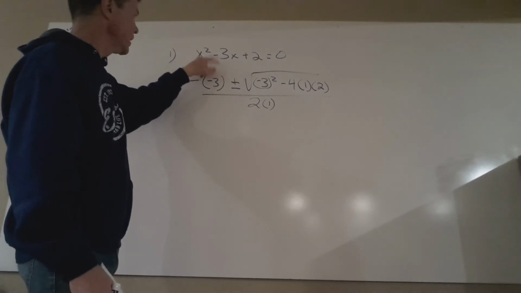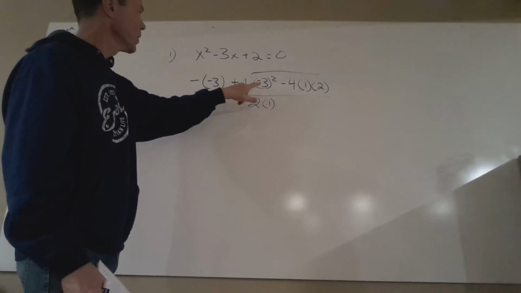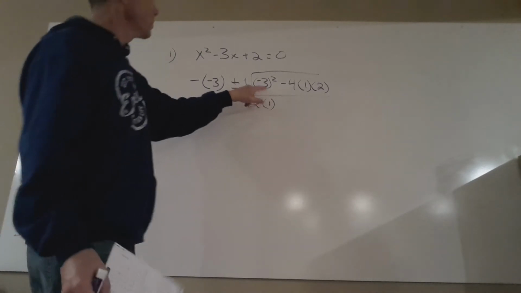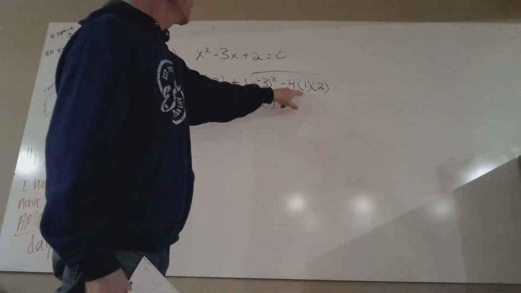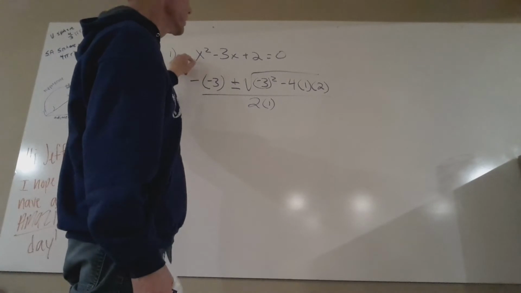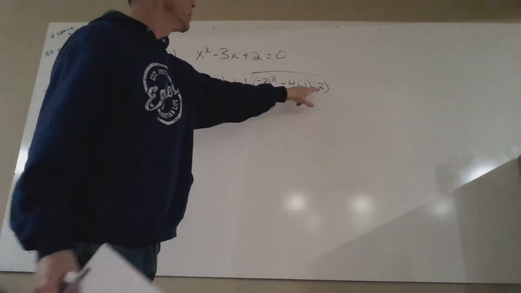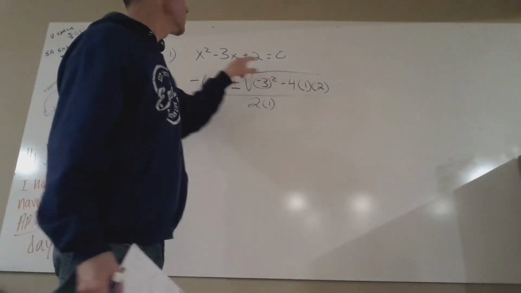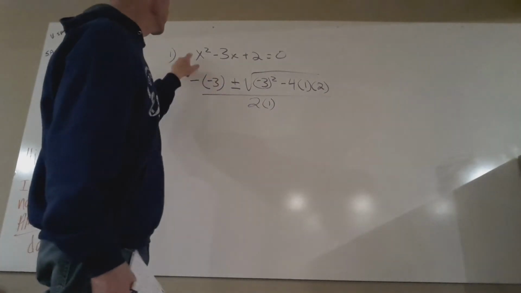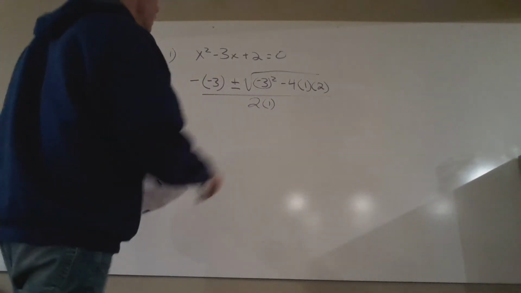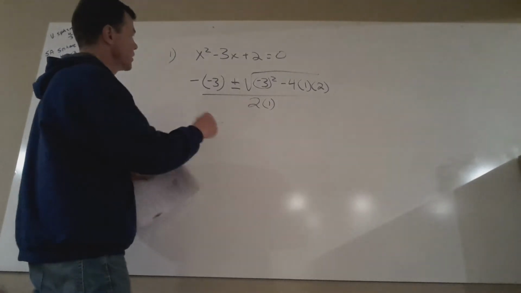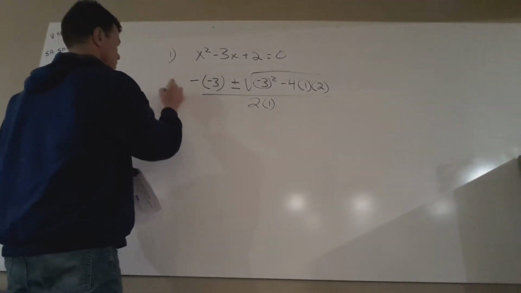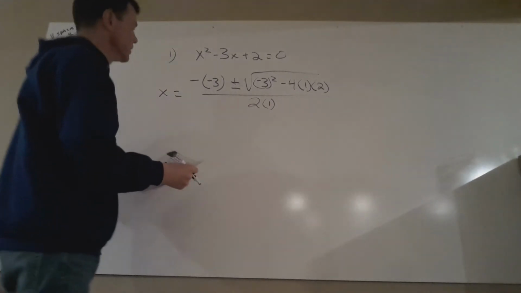So b is negative 3. B squared is negative 3 squared. A is 1, because we have 1x squared. C is 2. All over 2a, 2 times 1. All right, simplify all this, and that'll give us a solution for what x equals.